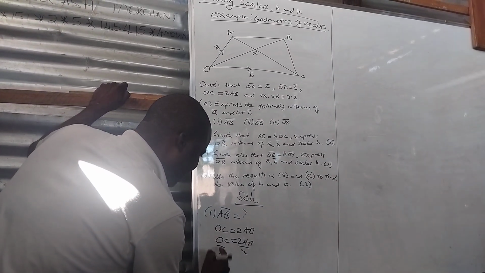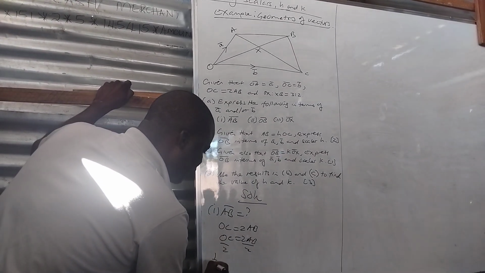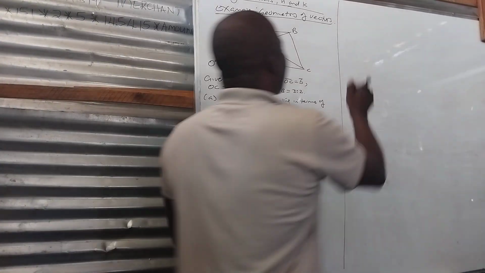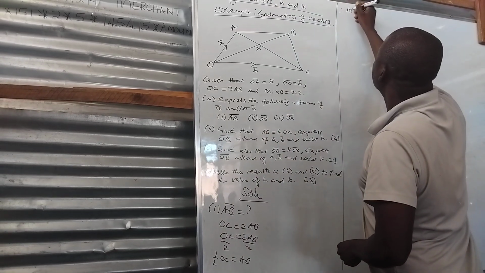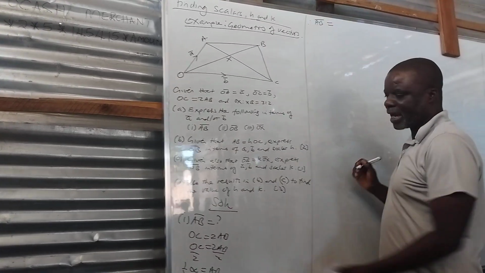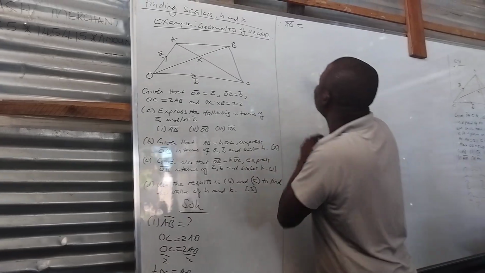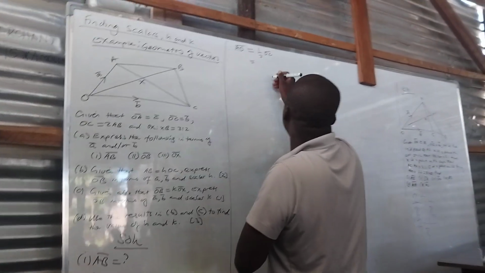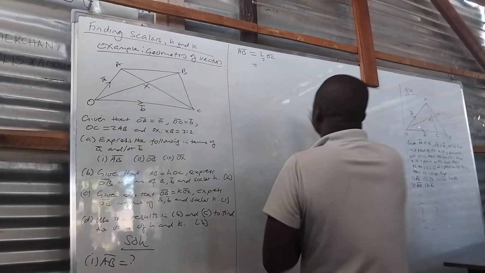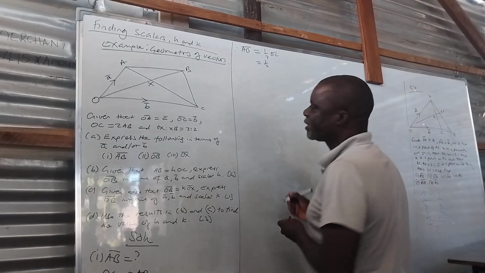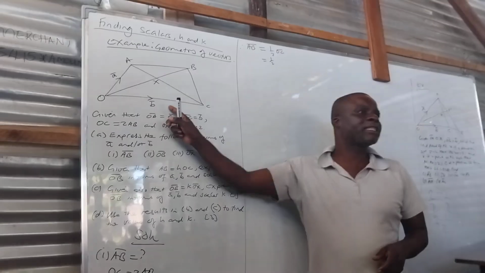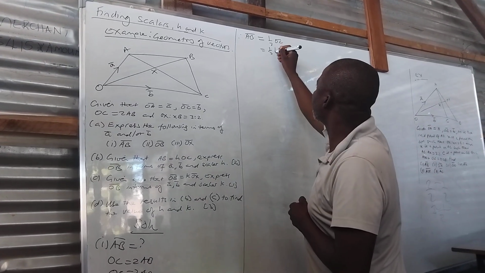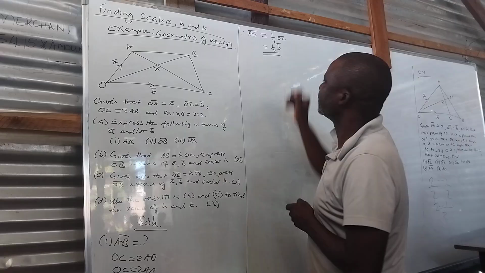Therefore, AB is half of OC. Now vector AB is equal to half vector OC. Then we substitute. Do we know the value of vector OC? It is given as vector B. So vector AB is half B. This is now my answer.